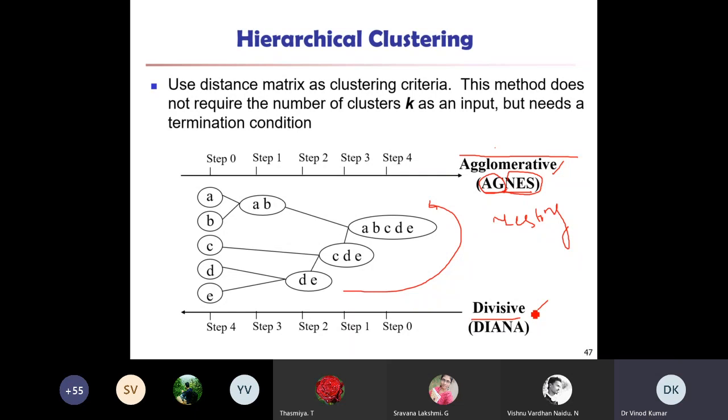So a tree structure that we created here, this tree structure is called a dendrogram. Whatever tree structure it is forming is known as the dendrogram.